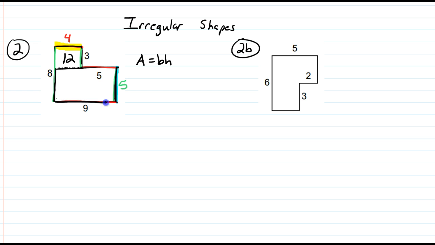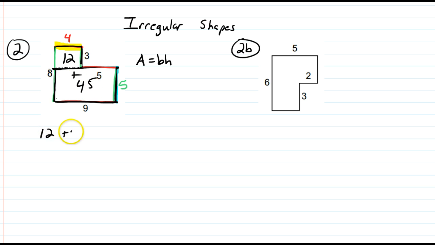So the base is 9, the height is 5. So when we break it up, you kind of got to ignore this 8 over here because the 8 goes from the bottom to the top. And since we cut it here, we want this height of 5. So 9 times 5 is 45. And so to find the area of the entire thing, you just add these two things together.